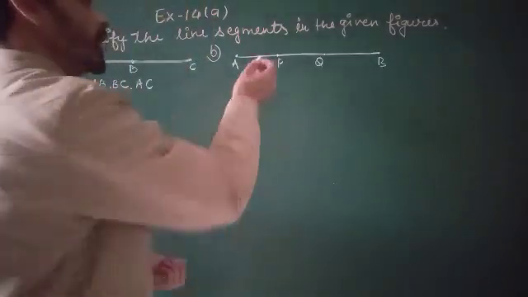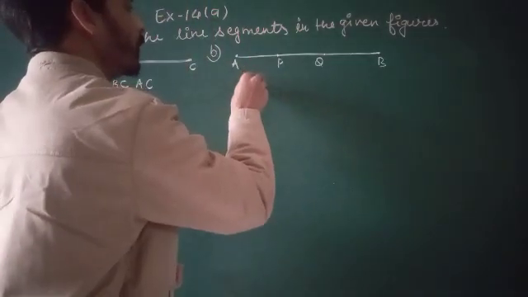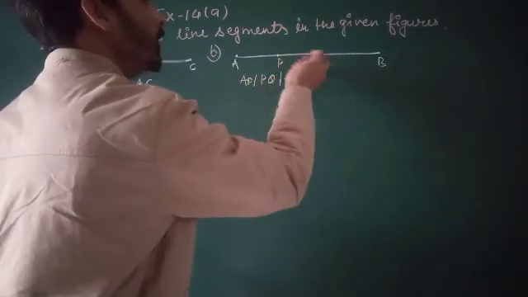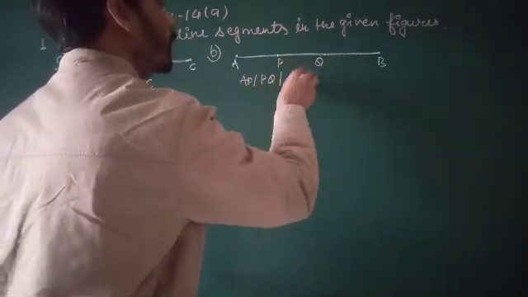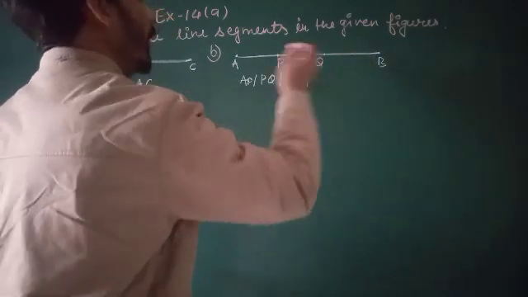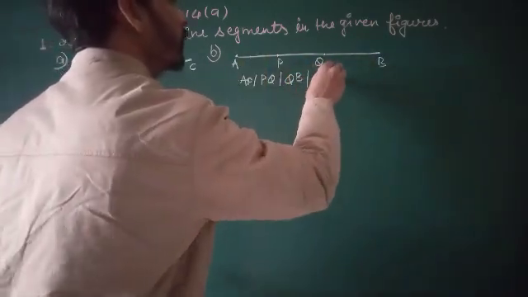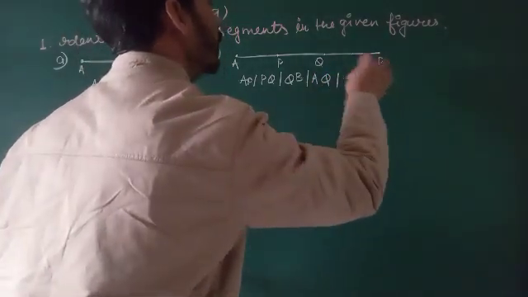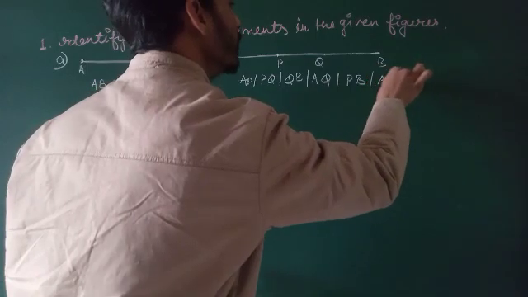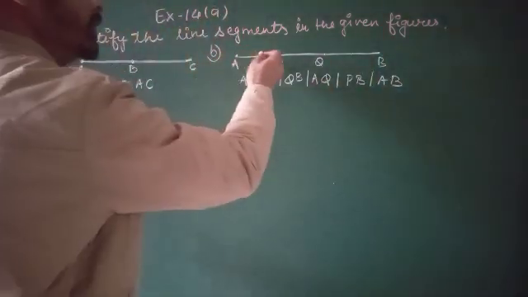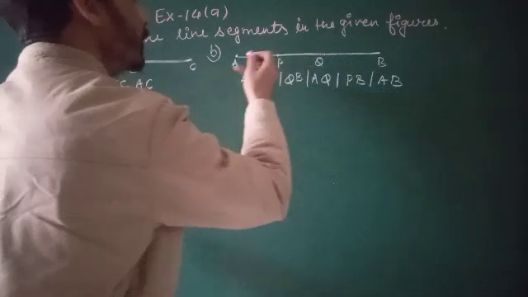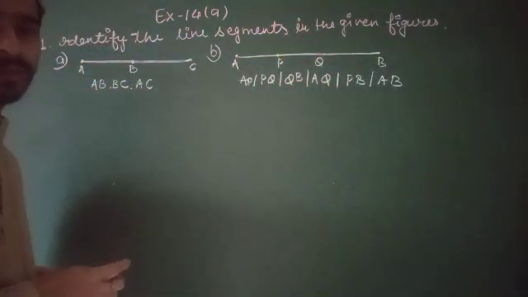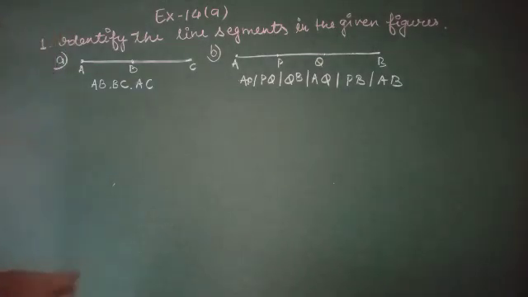So the line segments are AP, PQ, QB and AQ and PB and AB. Once again see here: AP, PQ, QB, AQ, PB and AB. These are the line segments in the following figure.